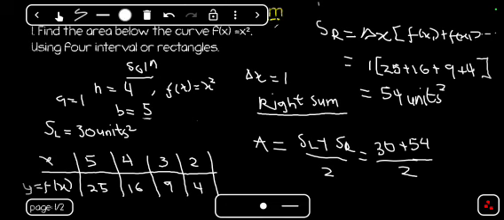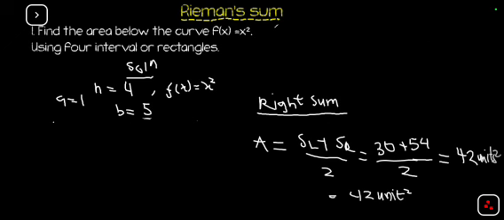Okay, so let's do that one too. 30 plus 54, answer divided by 2. We are getting 42 units squared. Let me write it for you. 42. Now take note, I'm about to confirm the answer using integral.